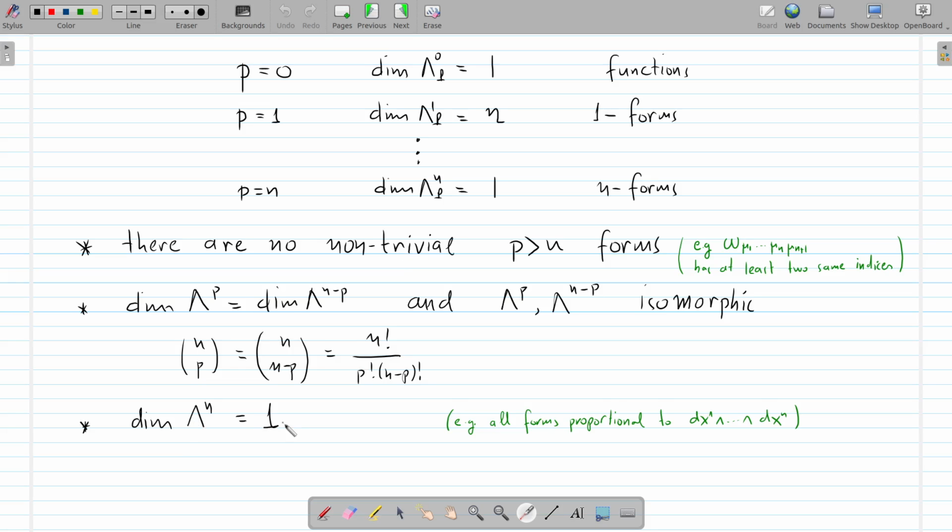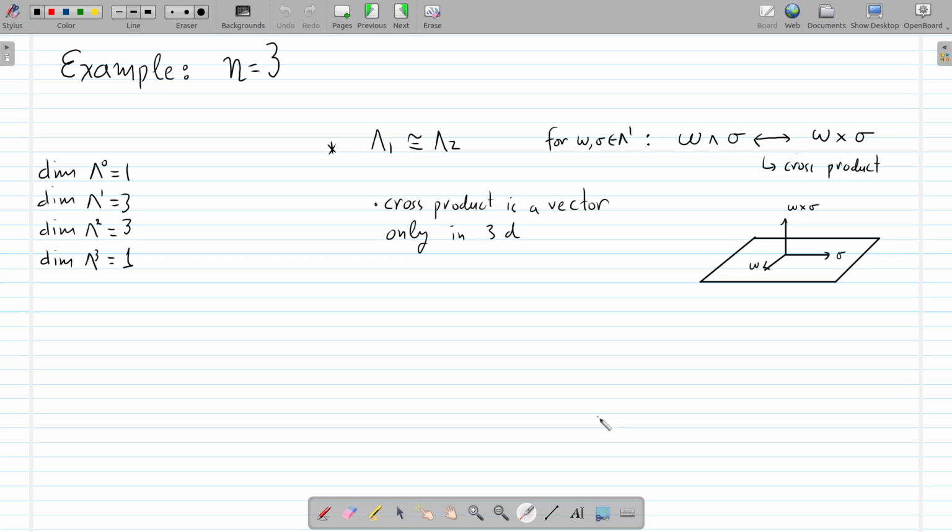So that means if we take any non-trivial n-form, then all other n-forms will be proportional to it. And for example, if we choose dx1 wedge up to dxn, then all n-forms will be proportional to this n-form.